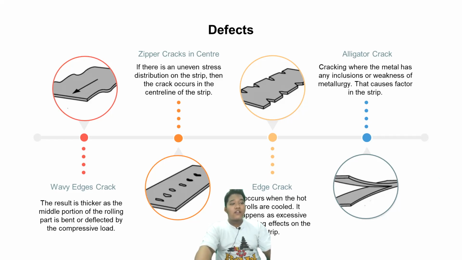The second defect that might occur is zipper cracks in the center, as shown in the second picture. It is caused by uneven stress distribution on the strip, then the crack occurs in the center line of the strip.